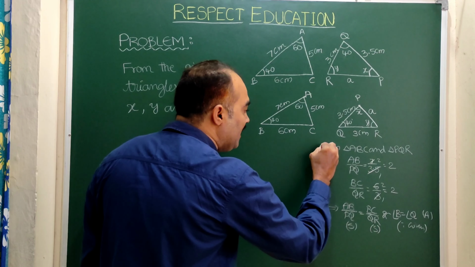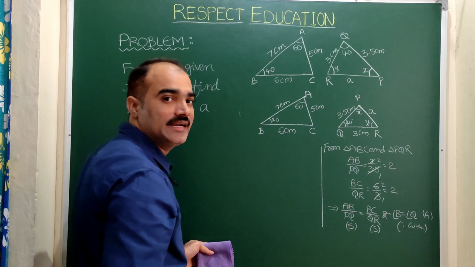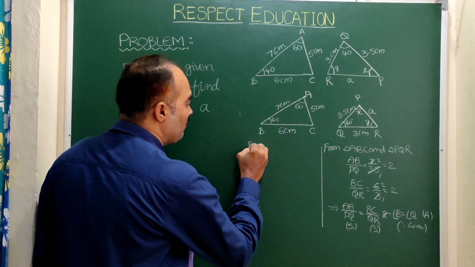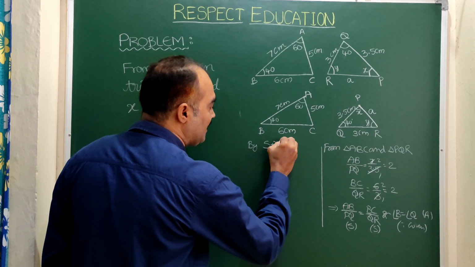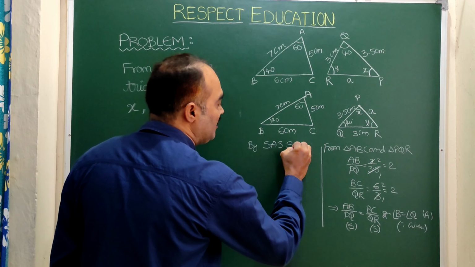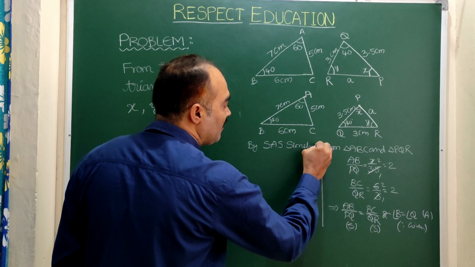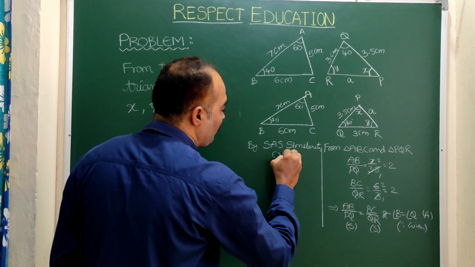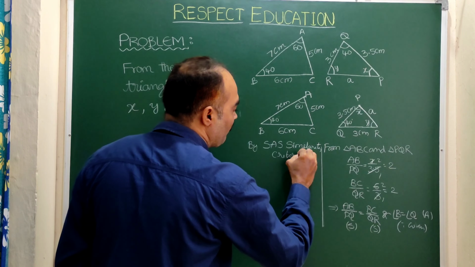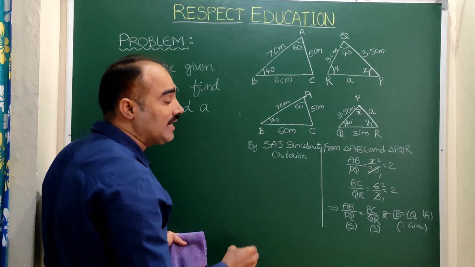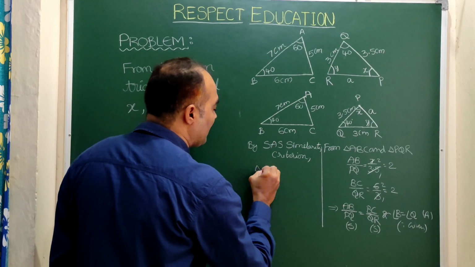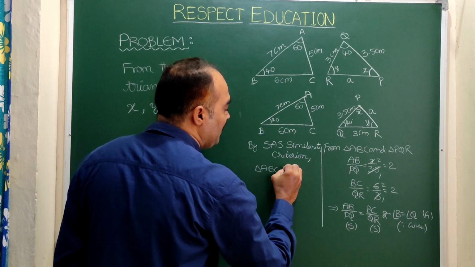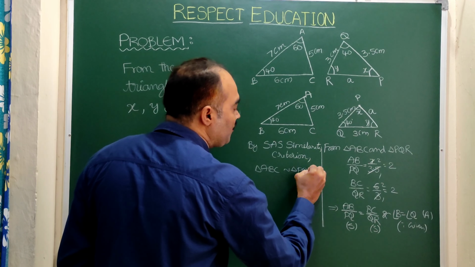So by SAS, side angle side similarity criterion, both the triangles are similar. Triangle ABC is similar to triangle PQR.